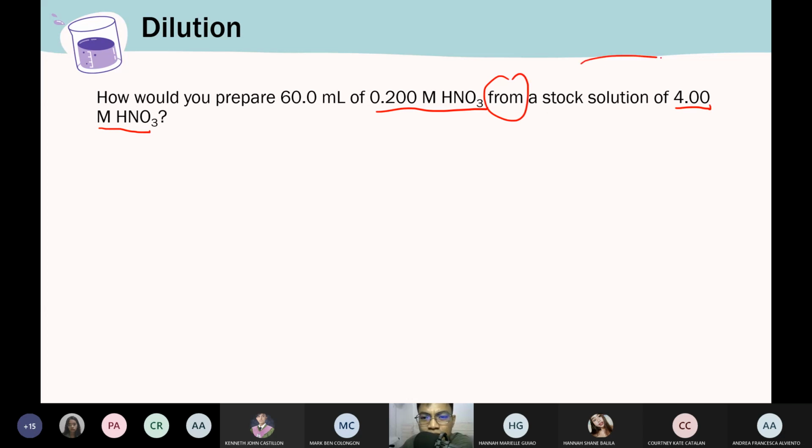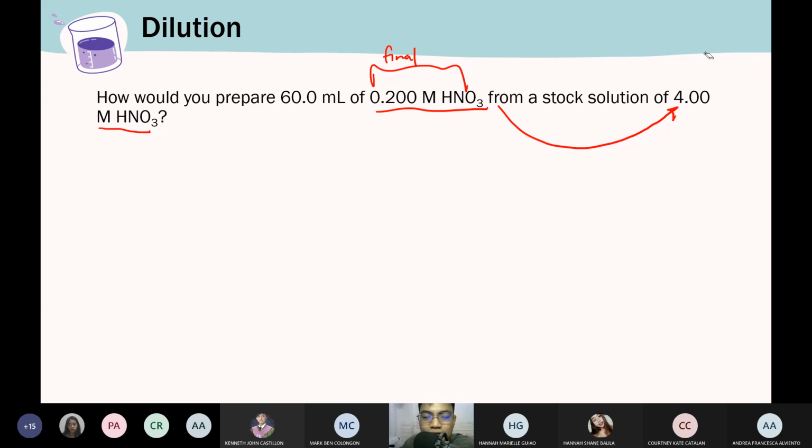So, ibig sabihin, ito yung initial mo. You make this final solution from this initial solution, parang nag-grammar class tayo dito.